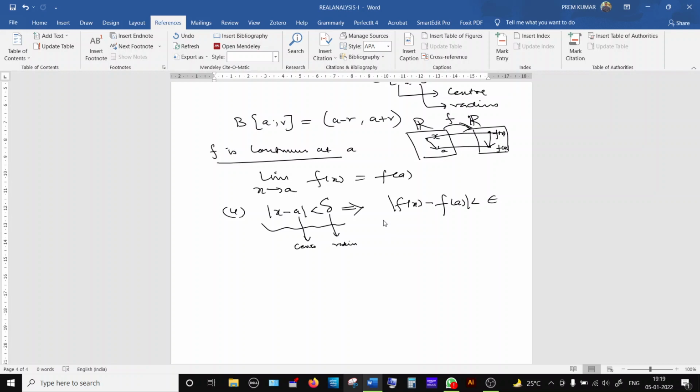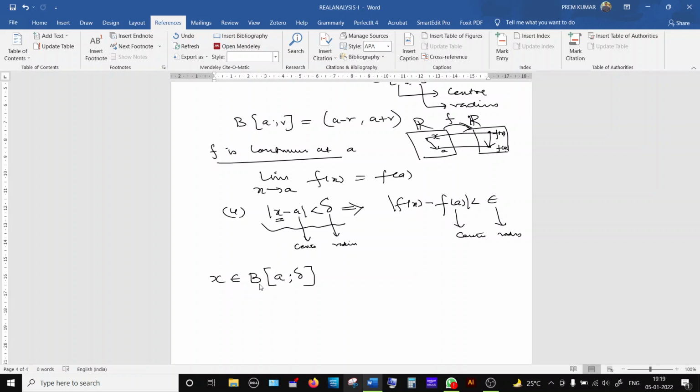So now, as we just defined the open ball, what is the meaning of this set? A is the center, delta is the radius, and x is the general element. So how can we redefine this using the open ball concept? This can be written as x is an element of the open ball B of A semicolon delta.